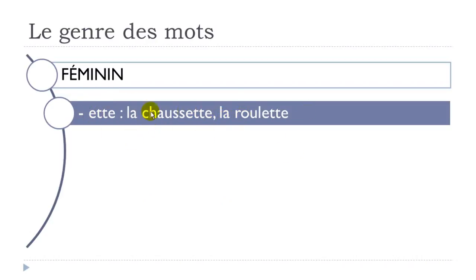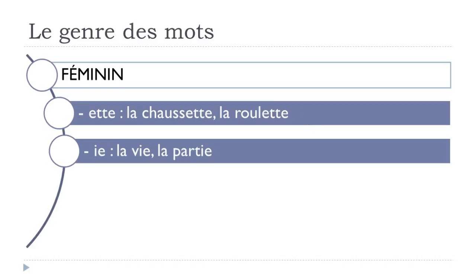Chaussette means sock, and roulette is the thing you will find in casinos. And then when they're ending with ie, basically you don't pronounce the e, so it will be only the sound i, for instance, la vie, life, la partie, the part.